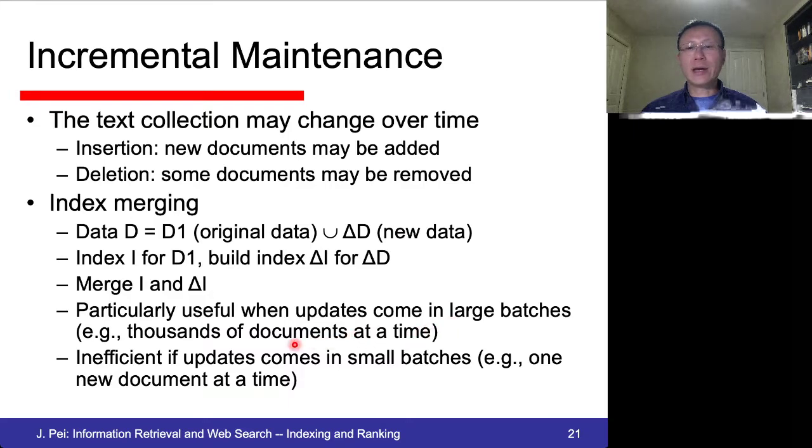For example, you may have thousands or even millions of documents at a time, so that both I and delta I are not small, and they can be easily merged. However, if the input comes in very small batches, for example, just several documents updated at a time, then you may have too many such tiny indexes, which may be hard to process in a scalable and efficient manner. So this method does not work well if the updates come in small batches.